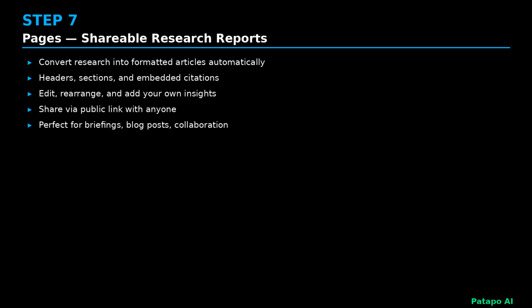Third, use the date filter to focus on recent information. If you are researching a fast-moving topic like AI developments, adding in 2026 to your query ensures you get current results. Fourth, leverage the API.